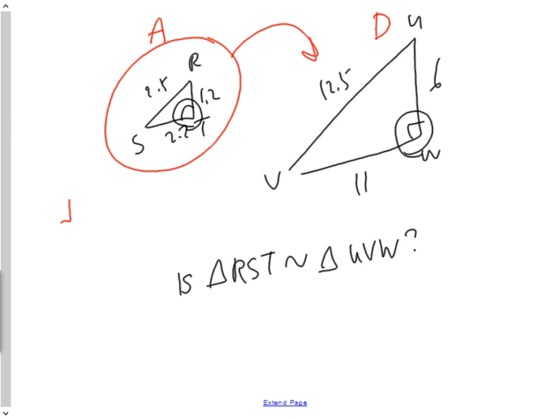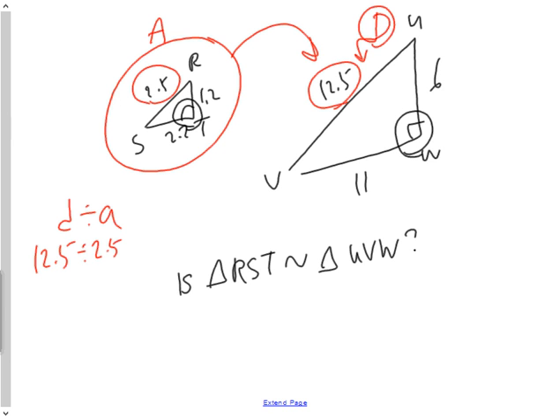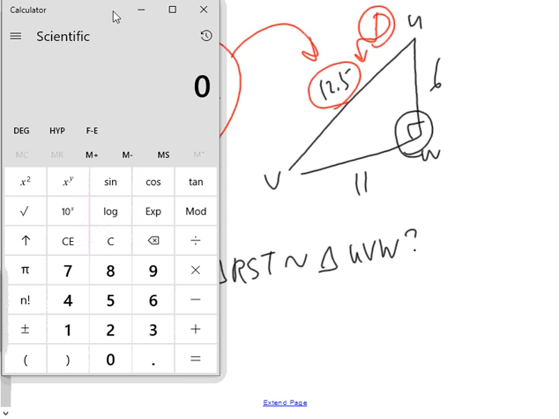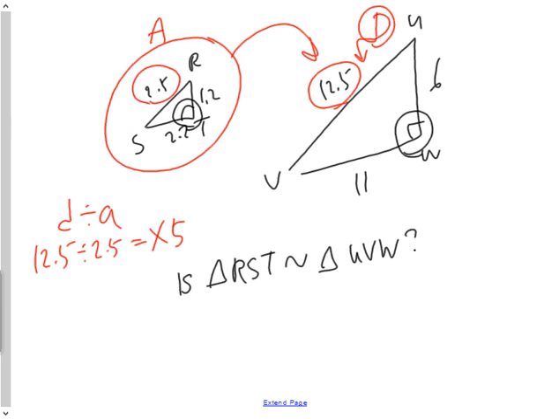Scale factor is determined by taking the diagram and dividing it by the actual. Since I've defined this triangle as the diagram, I'm going to make the hypotenuse the D. Now, if this is the same scale factor, its corresponding side length will be 2.5. 12.5 divided by 2.5 is 5, but I'll grab my calculator to show you. 12.5 divided by 2.5 equals 5, which means the scale factor I multiplied my actual side by to get its corresponding side was 5.